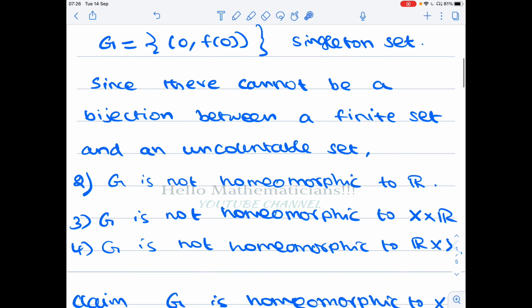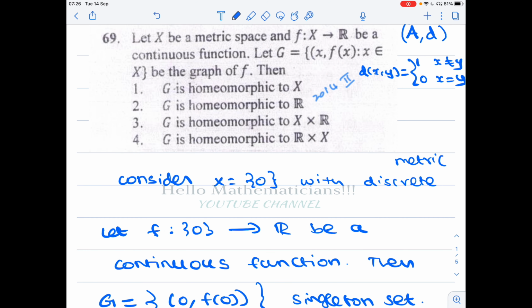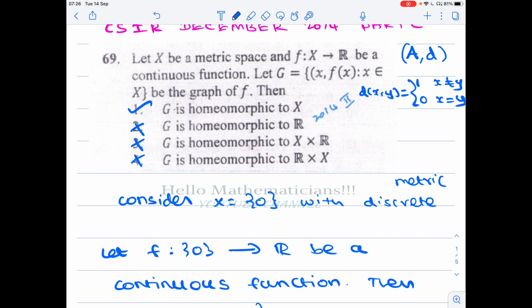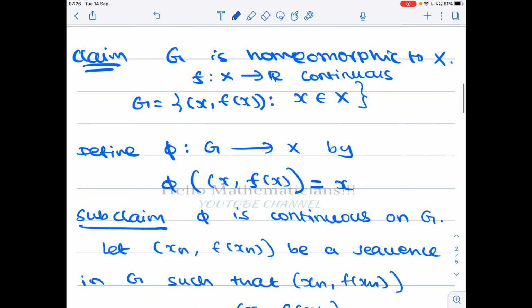Okay, let's continue. We have eliminated these options. We claim that G is homeomorphic to X. Okay, how to prove that G is homeomorphic to X? So we have a continuous function f from X to R, and we define G as the graph of the function f.